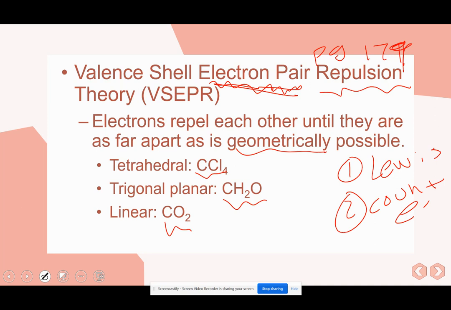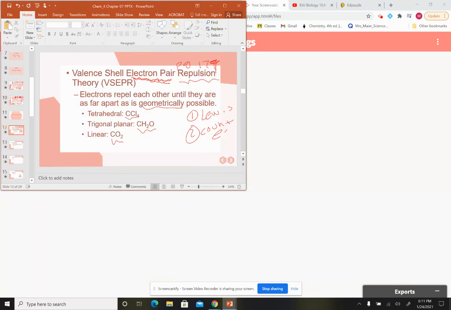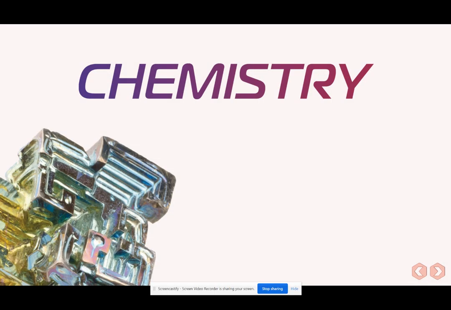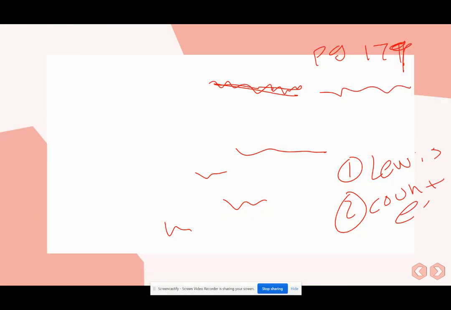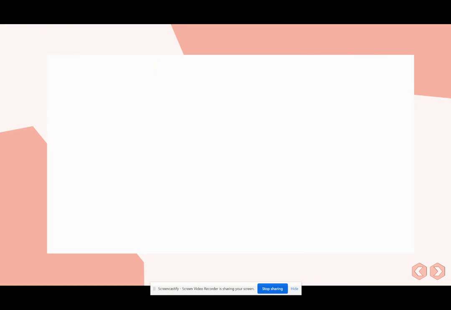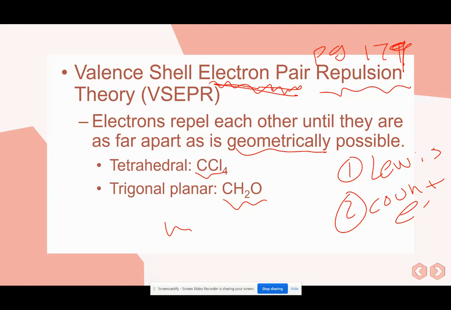How many sides does a central atom have? Well, 4.